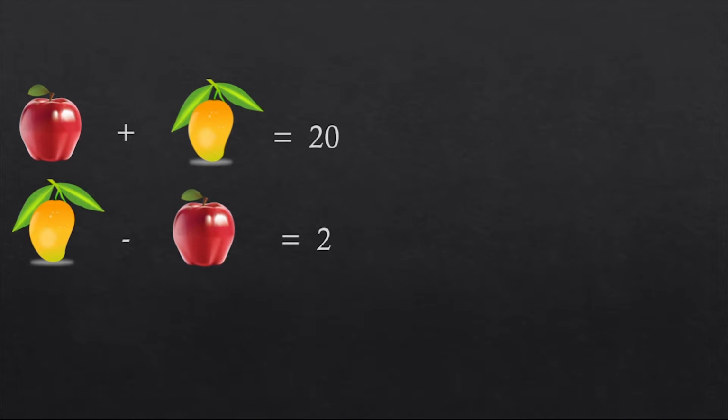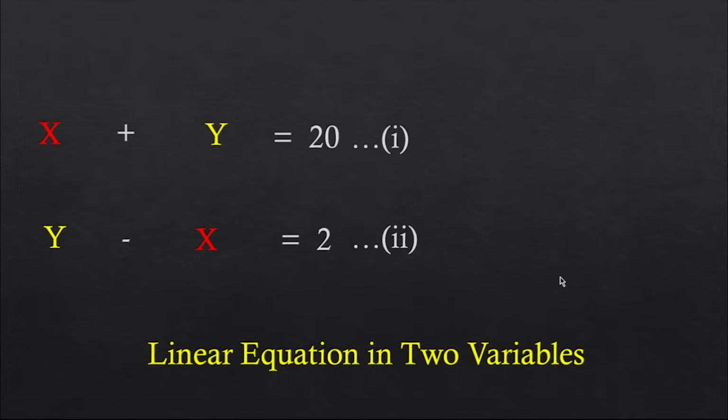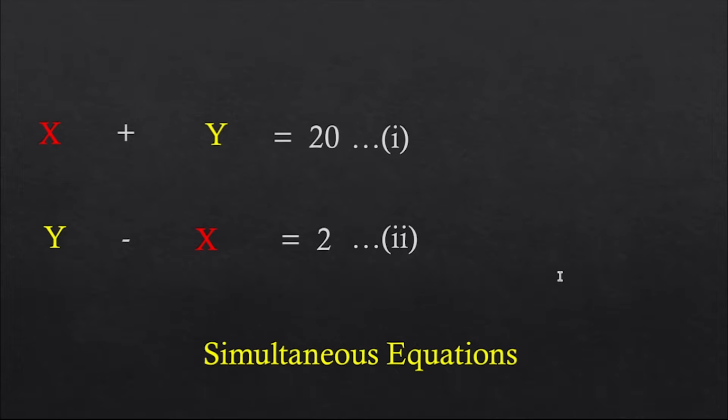Now, if you denote the number of apples as x and the number of mangoes as y, our equations become x plus y equals 20 and y minus x equals 2. This pair of equations is called a linear equation in two variables, or a system of equations, also known as simultaneous equations.